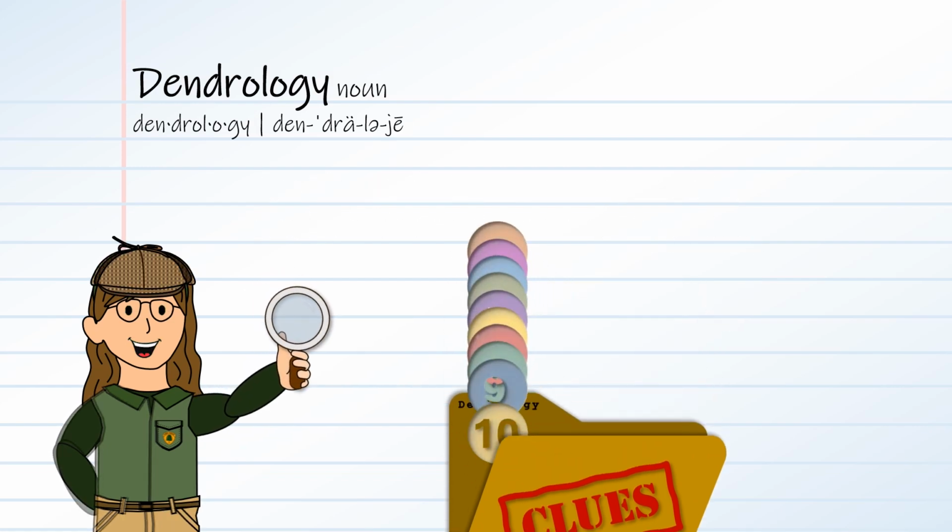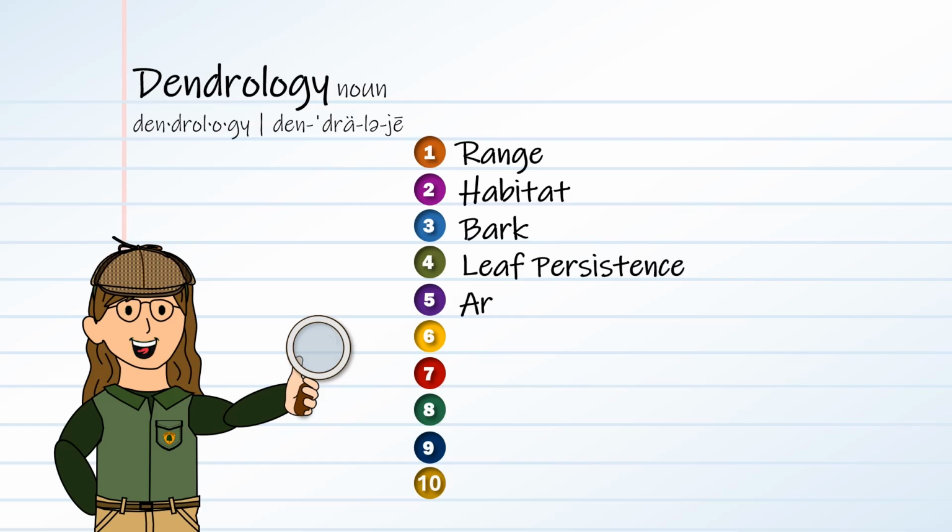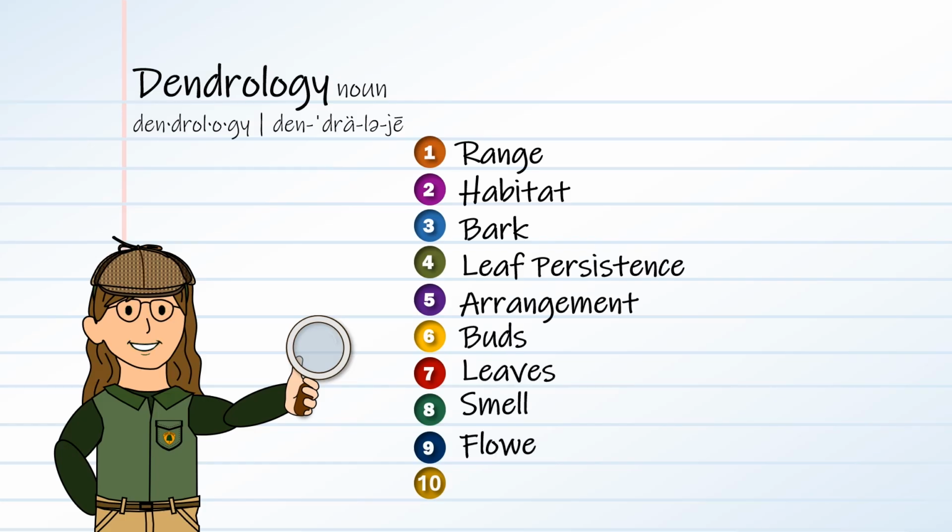This video will highlight the main clues, or tree characteristics, that you can use to solve the mystery of a tree's species. The clues we'll walk you through to identify trees are the range, habitat, bark, leaf persistence, arrangement, buds and leaves, smell, flowers, fruits and seeds.